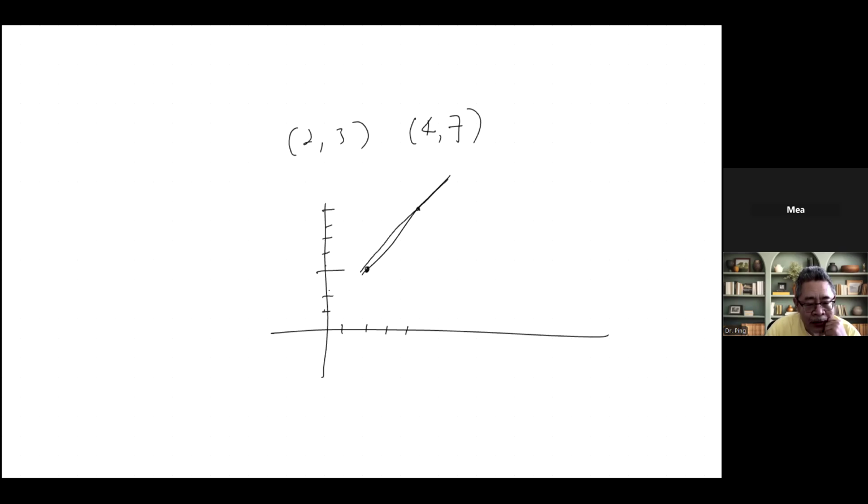Now, this is (2, 3) and this is (4, 7). Since we are going to write the equation for the line, any point here is on this line. So let's call one of the points, just an arbitrary point, (x, y).